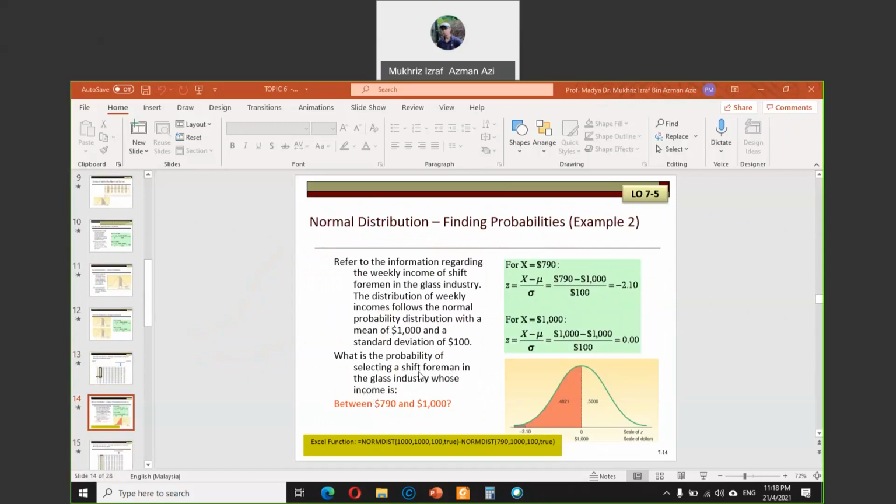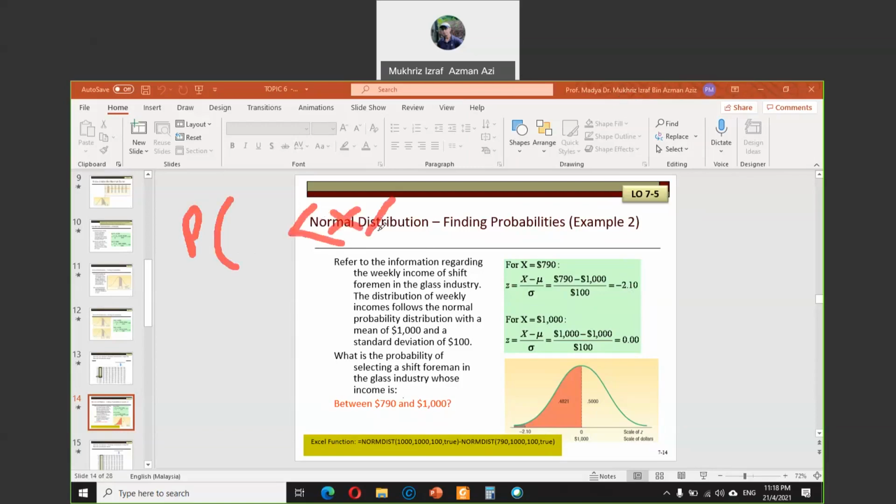One of the examples we did last Monday was to calculate the probability between 790 and 1000, whereby these two values, when you convert, give the range negative 2.1 until 0. I also mentioned that whenever you want to calculate a probability, always write first in terms of the X value.